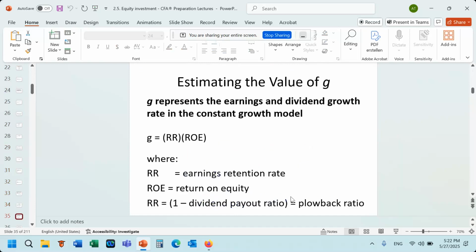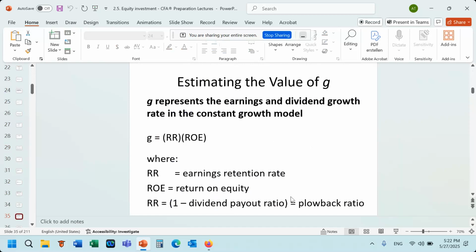More examples here. That gets us to calculation of G. To estimate the growth, we say a company makes profit, and that profit is at the bottom of the income statement. Some of the profit the company keeps, let's say it keeps 40% of the profit in the company. We are assuming that this money is not wasted.